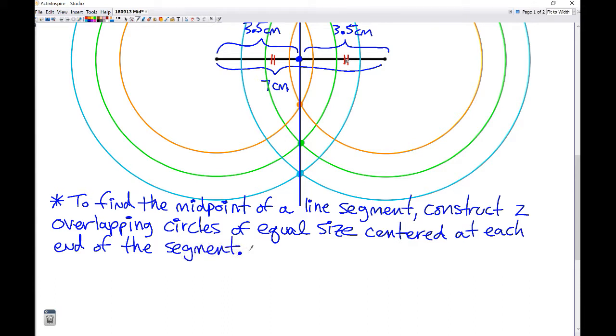Okay, let's pause right there so you can get caught up. And then I want you to make the connection between what you just did and what the words say. So I want you to think about what the words say and think about the activity that you just did, because you're going to be doing this activity for practice in just a minute. To find the midpoint of a line segment, you're going to construct 2 overlapping circles of equal size.